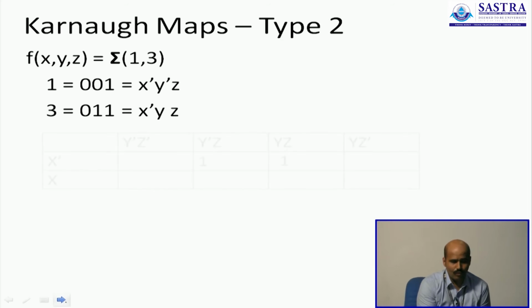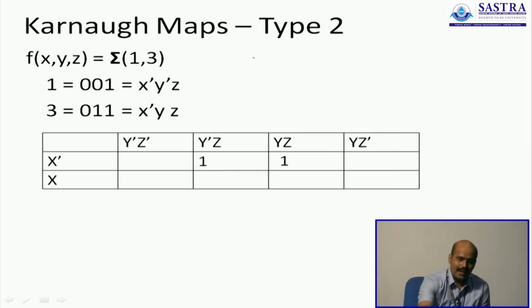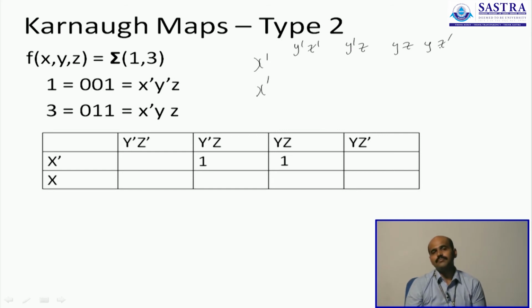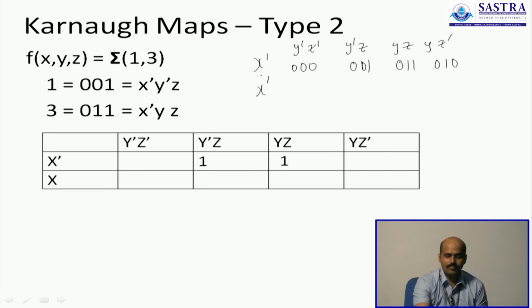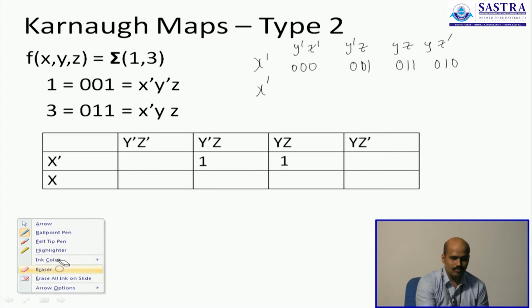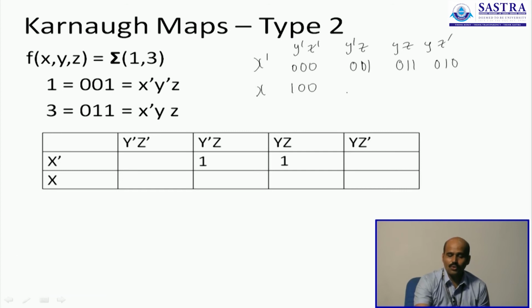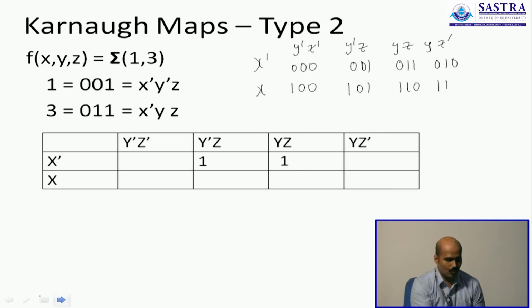And for this we'll follow a unique pattern where I list x bar and x along the 2 rows and y bar z bar, y bar z, yz and yz bar along the columns, which means this is 0 0 0 and 0 0 1, 0 1 1, 0 1 0, because I'll assume x bar to denote 0 and x to denote 1. This is 1 0 0, 1 0 1, 1 1 1, 1 1 0.